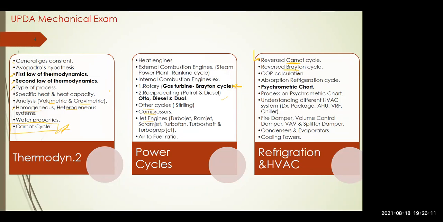We study also the absorption refrigeration cycle, and the normal refrigeration cycle, COP calculation, and what is related to HVAC, starting with the psychrometric chart, the processes of the psychrometric chart, the meaning of HVAC, and all types related to HVAC, all types of dampers, equipment like condensers, evaporators, cooling towers.